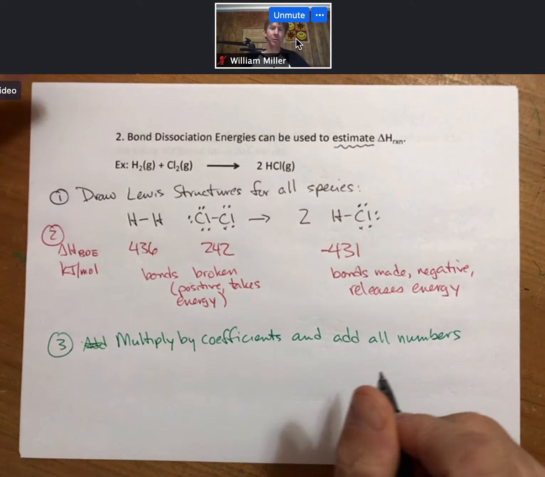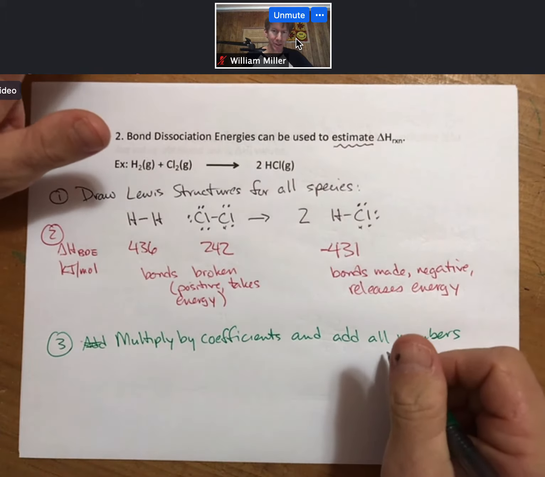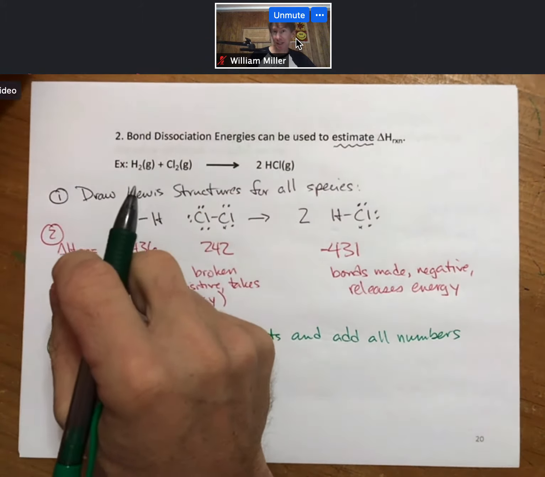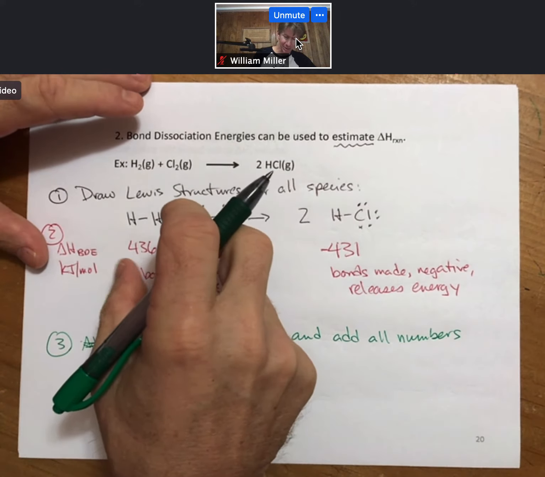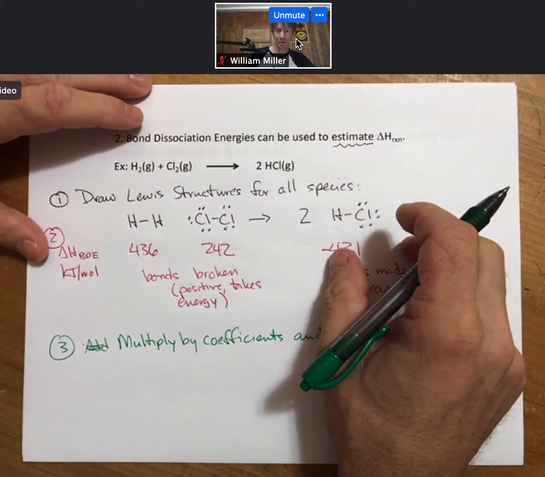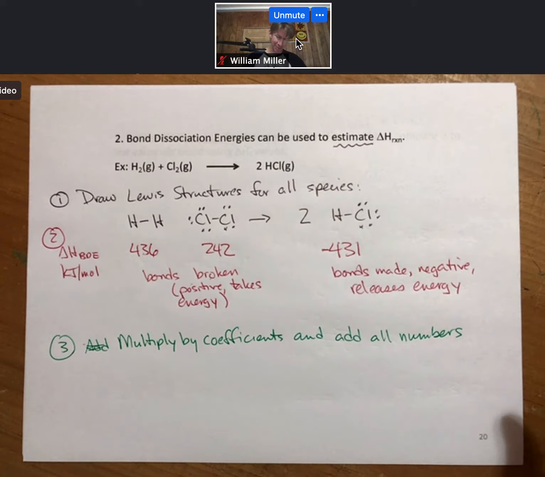Which is different than when we did delta H reaction from delta HF values. That was products minus reactants. One way of looking at this, by the way, is that this is reactants minus products, although I find that fairly confusing, but maybe that will be helpful. But you have to keep the two things separate.